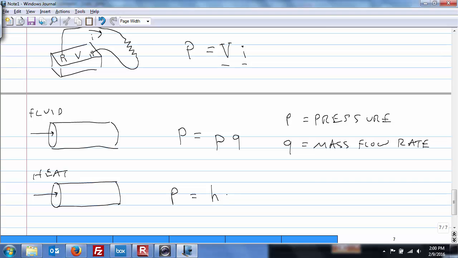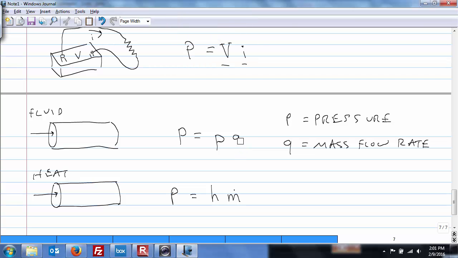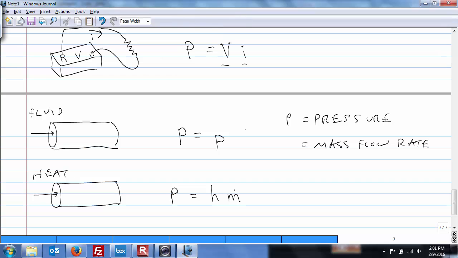M dot. In fact, just to avoid confusion, let's back up one quick second and I'll just use the same symbol. I'm trying to figure out which level to confuse you with. I think this is the lesser of two evils. So just M dot. M dot. Okay, so in this case, H equals enthalpy.